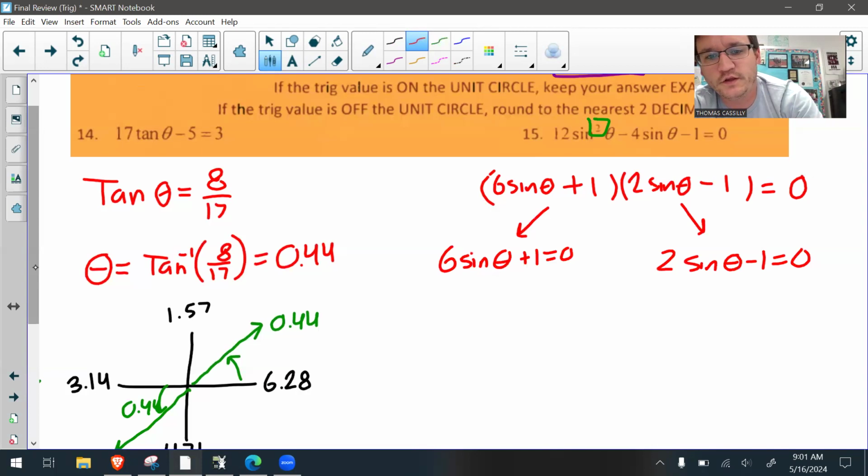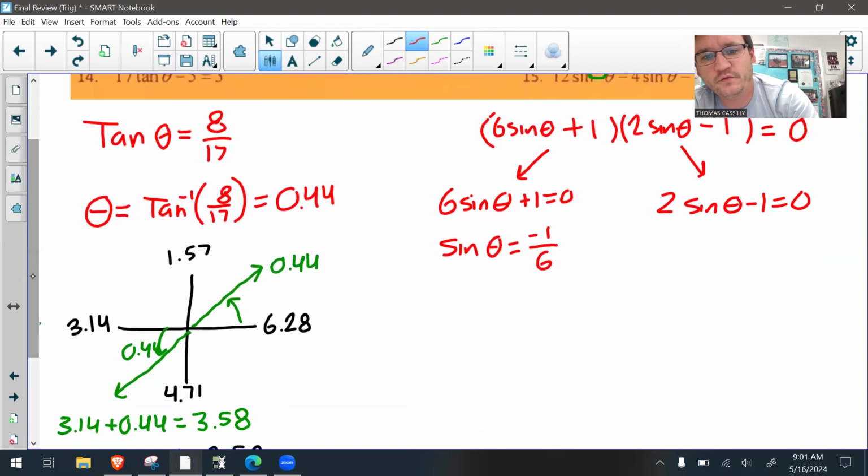The first one, you're going to have the sine of theta equals -1/6. I'm going to inverse both sides there, and we're going to have theta equals the inverse sine of -1/6.